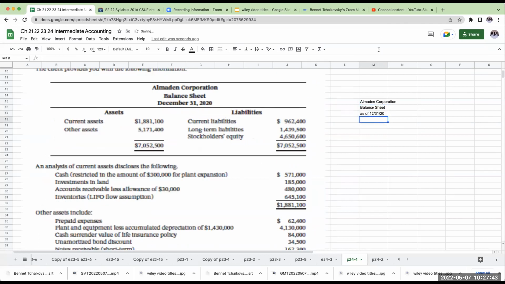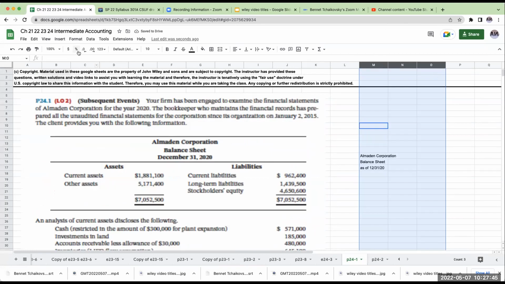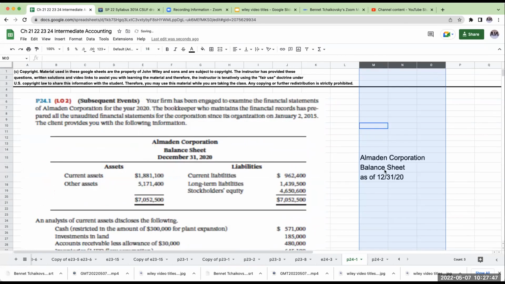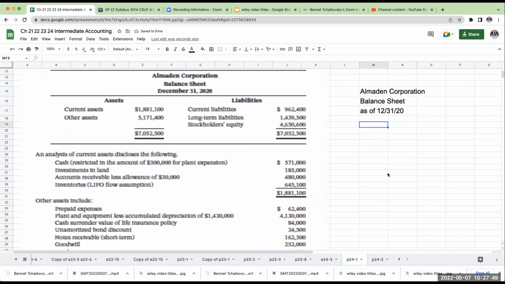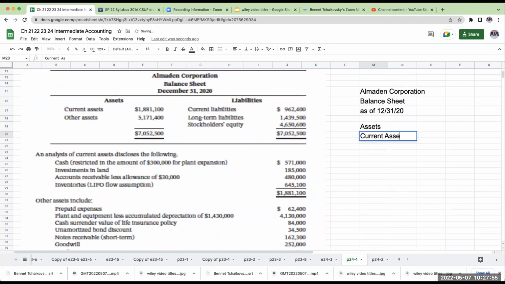Okay, so when we go through and look at the existing balance sheet, as we type this up, we're going to see a lot of errors. So I'm going to have assets, I'm going to have current assets.